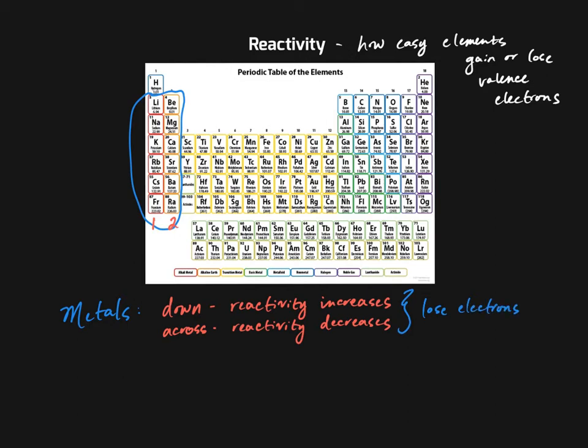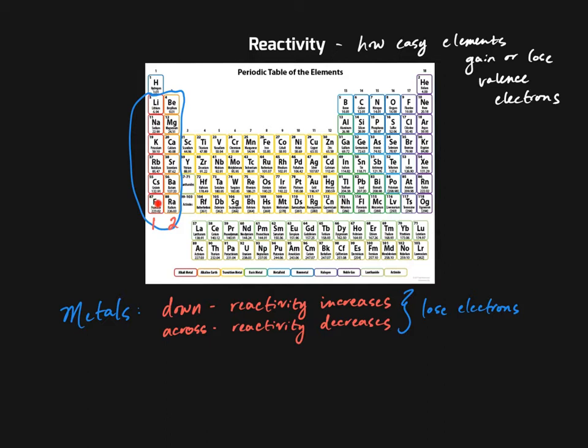Now, I want us to understand how these trends actually work. Why is it that when we move down a group that reactivity increases? Well, that's because of the size trends that we just talked about on the previous slide. We said that as we move down a group, atomic size increases. It's much easier for francium to lose an electron than lithium because francium is a much bigger atom than a lithium atom is.